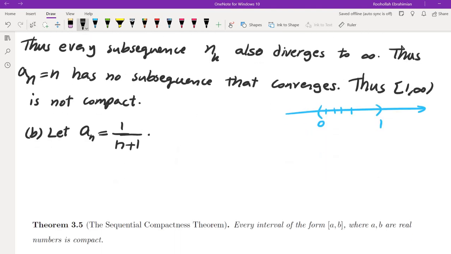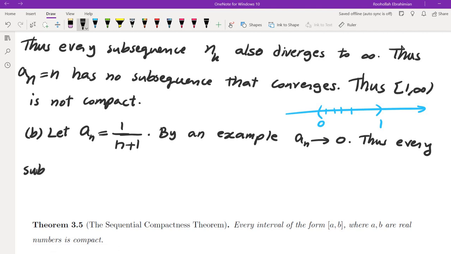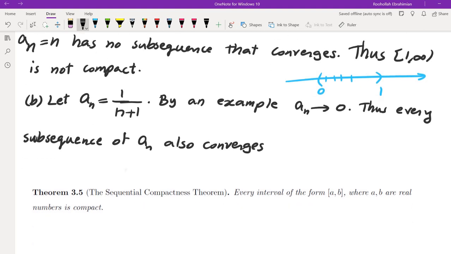Now, by an example, a_n converges to 0. So thus every subsequence of a_n also converges, but it converges to 0.